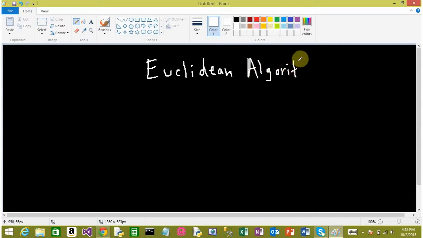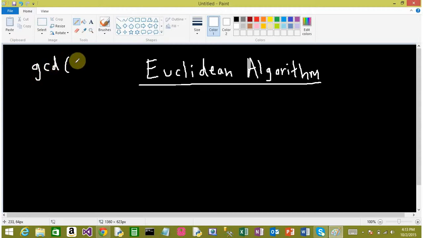The Euclidean algorithm is named after the mathematician Euclid, the father of geometry. Like I was saying, we were talking about the division algorithm and how we can repeat it over and over again to help us find the GCD of two numbers, A and B, which is equal to D, the greatest common divisor.